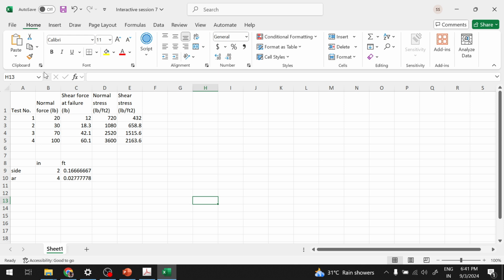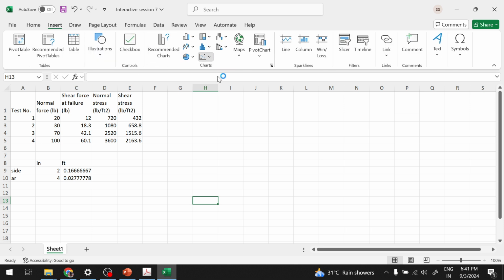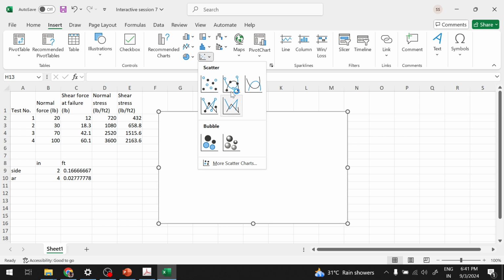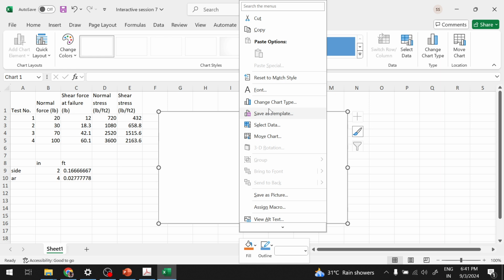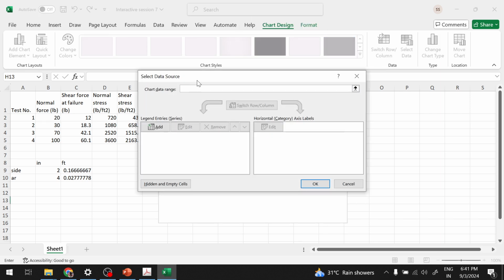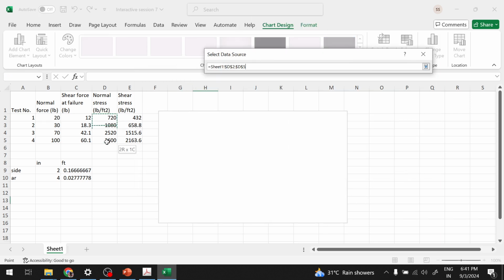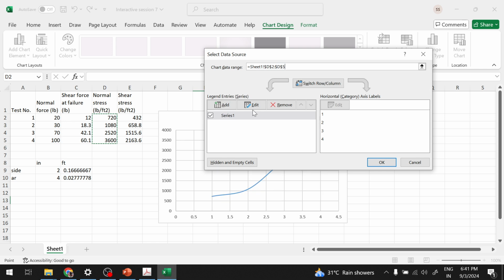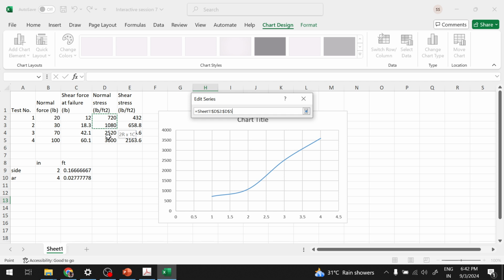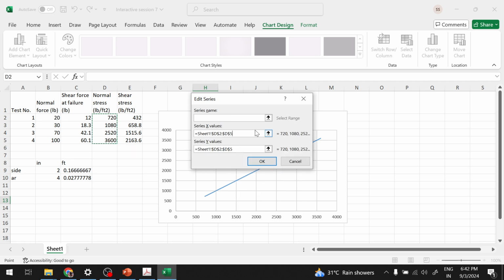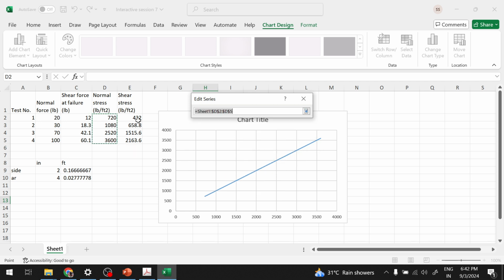Okay, so let's plot. On the x-axis, we will have normal stress. On the y-axis, we will have shear stress.